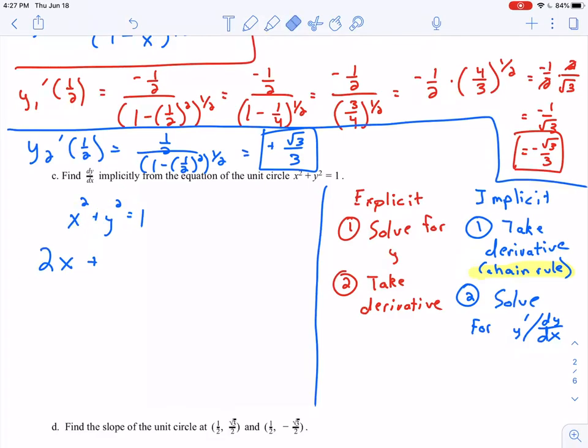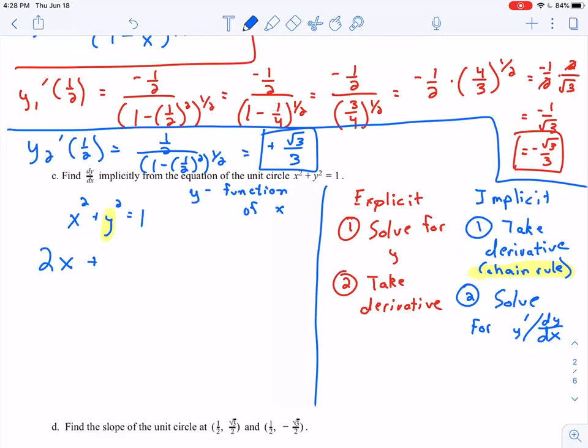Because I want to think about y, this y is a function of x. Or multiple functions of x, as it is in this case. So y is a function of x. So what I really have here, when I say y squared, is I have a function y inside of another function, inside of the squaring function.